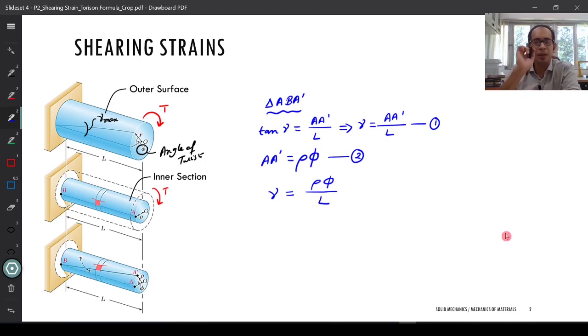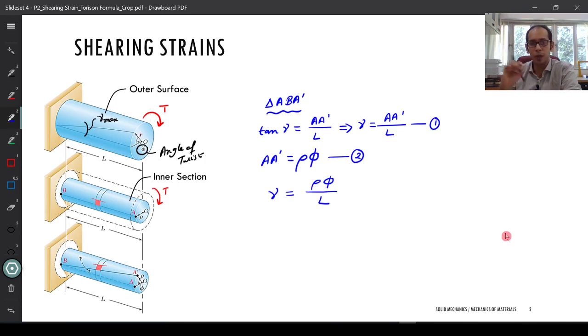So this is a very fundamental relationship, how you relate the shear strain with the radius of that particular section times the angle of twist divided by the entire length. As you can tell directly from here, it is dependent on rho, right? So as we had predicted, at the line which is passing through the centroid, your rho is 0, so your gamma is going to be 0.